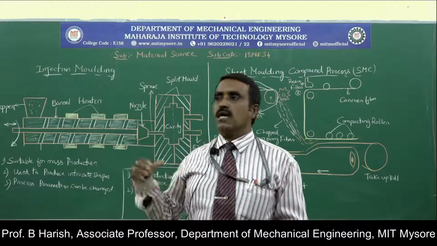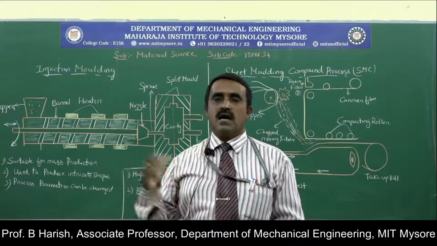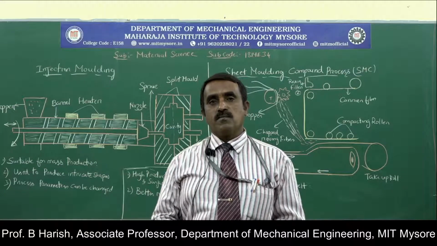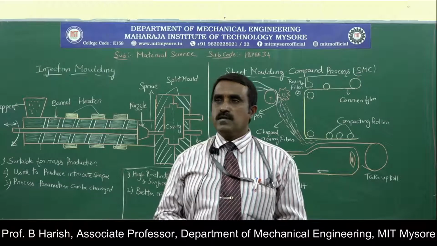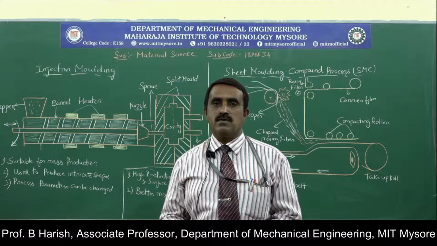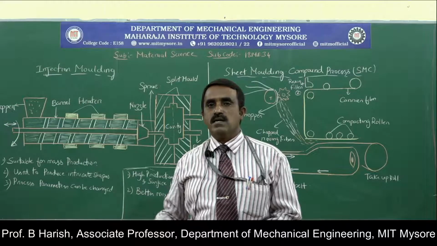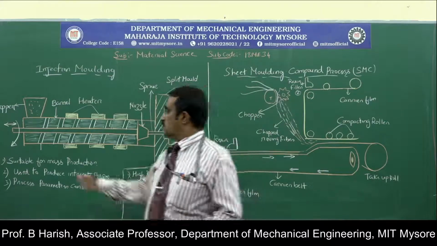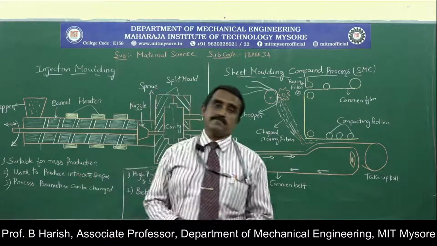let us look at the basic advantages of this method of producing composite material. As I told, it is the most widely used method in the manufacturing of composite material. The first advantage is that it is suitable for mass production.